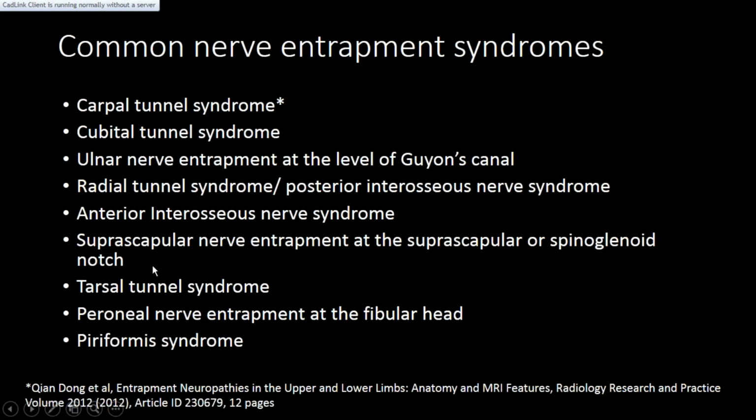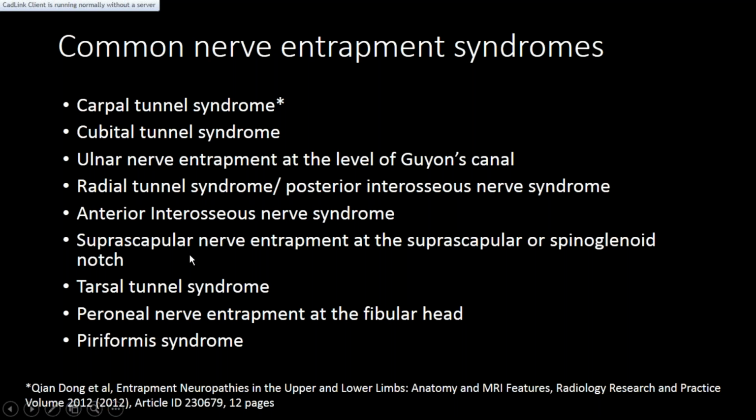suprascapular nerve entrapment. So suprascapular nerve can be entrapped at the suprascapular notch or spinoglenoid notch. And most commonly, if there is an entrapment, usually you would find a paralabral cyst that compresses the nerve, and the source of it originates from the shoulder.